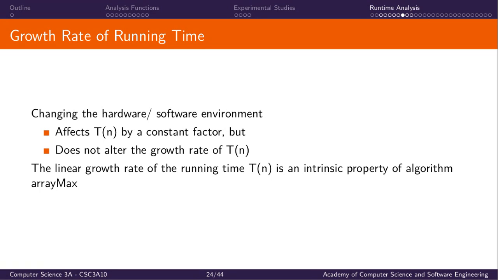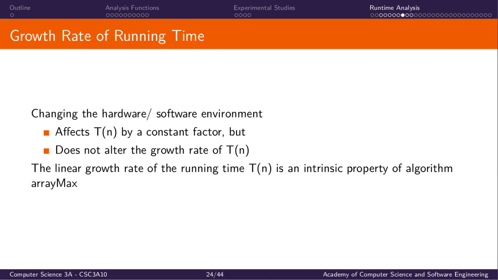So our fastest one may be faster or slower on a different hardware and software environment, and our slowest one may be faster or slower on a different environment. However, they will all be faster or all be slower. All right? It'll be changed by a constant factor. It won't actually change the number of primitive operations.